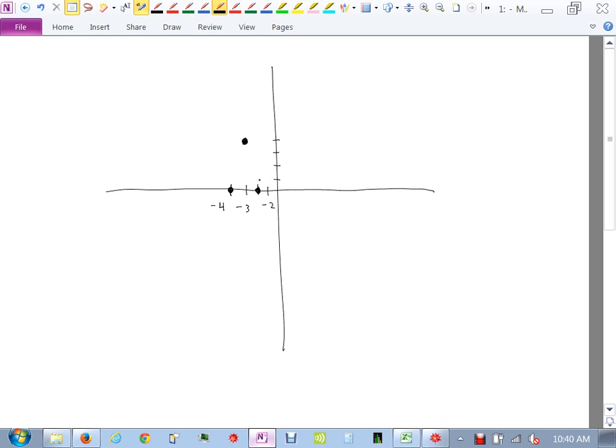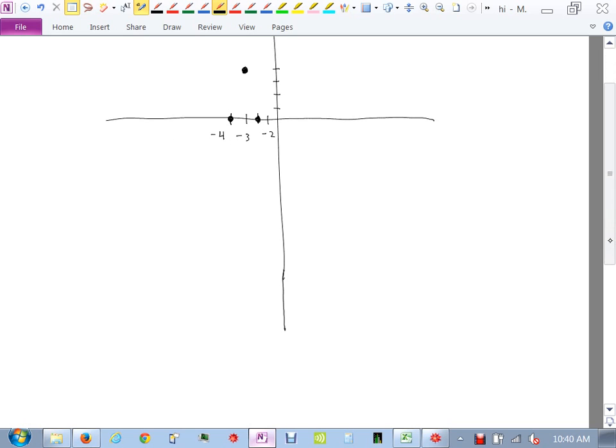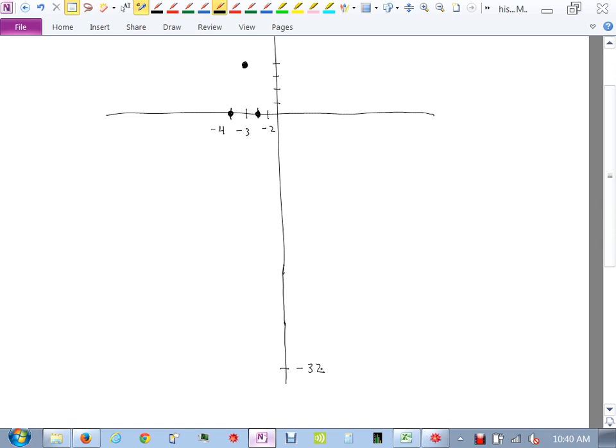Do y'all agree? And then negative 32 is way down here, isn't it? Way, way down here. Now, I'm not going to count this out. Well, I could. Let's just say it's down here. I'd have to count 32 slots down, right? There's a point there.